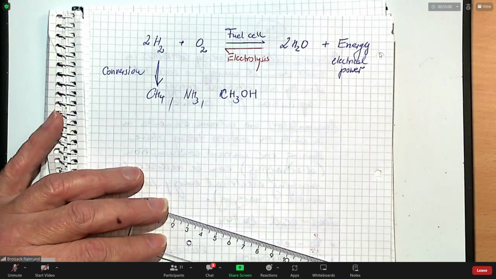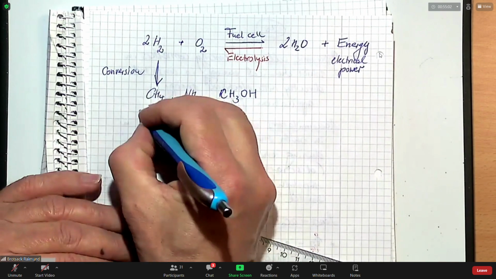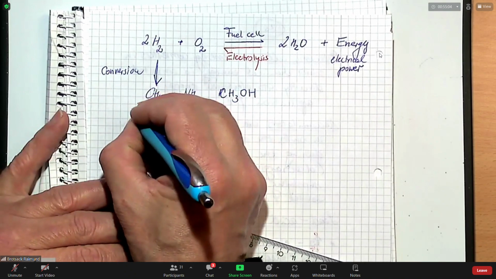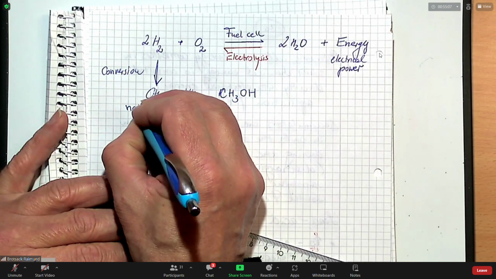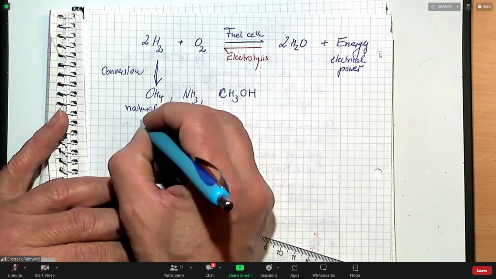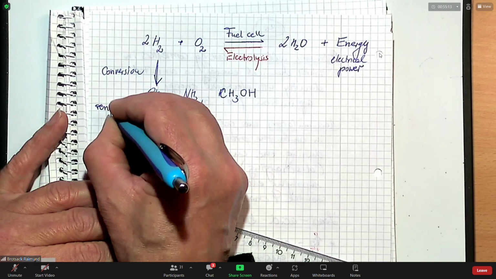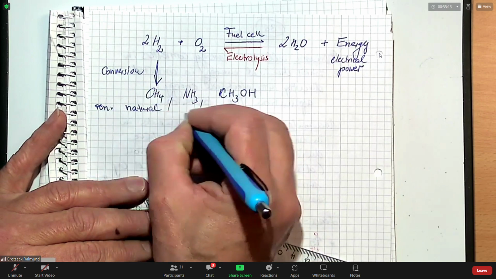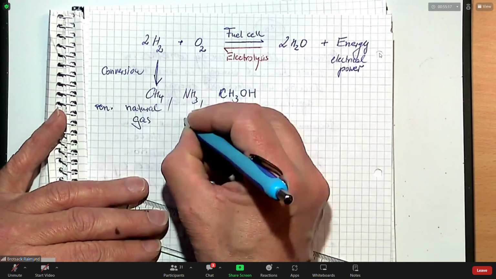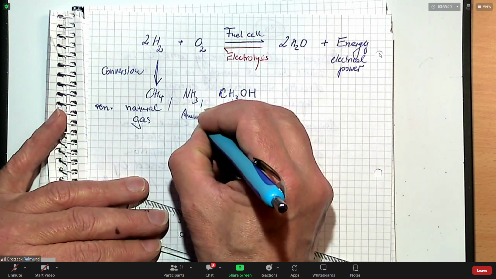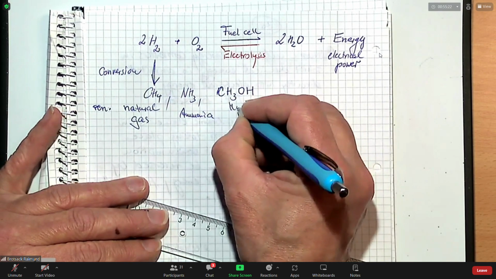For example, that's methane or natural gas, or synthetic natural gas, renewable natural gas, ammonia, or methanol.